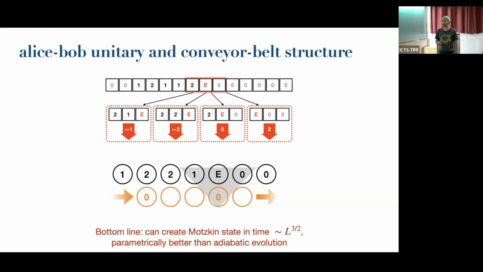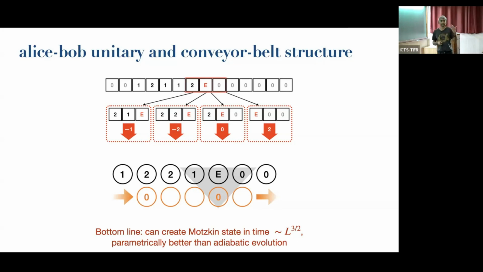And the key point is that this process can create this highly entangled state, which has entanglement that goes as the square root of system size because the random walk goes as the square root of time in a time t. So this creates an algebraically entangled state, but the temporal overhead is also the 3/2.